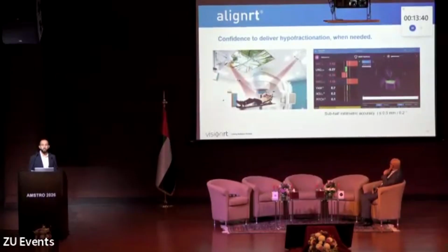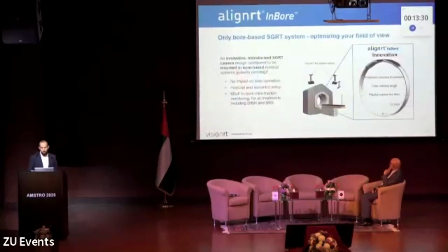And we can also monitor the patient in 6DoF. If the patient moves out of tolerance or breathes out of tolerance, we can stop the beam automatically. Also, for AlignRT in-bore, VisionRT is the only one that proposes this kind of solution.